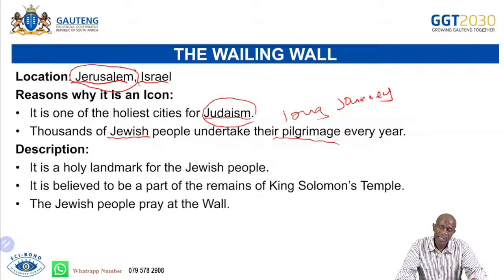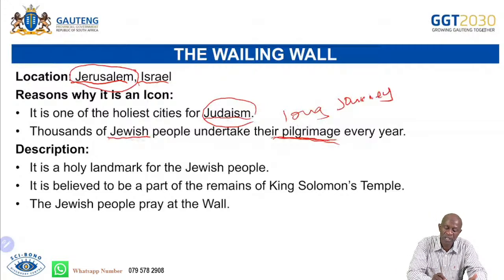And we have a local example of this pilgrimage with the ZCC Church. People will be flocking to Moriah over the Easter holidays, and that is some kind of a pilgrimage. People across the 9 provinces will be heading towards Moriah. So that is a religious long journey. A pilgrimage, it's a journey. It's a long journey to a specific attraction.